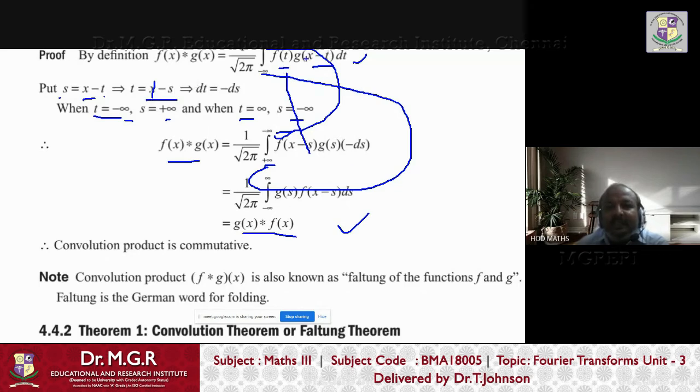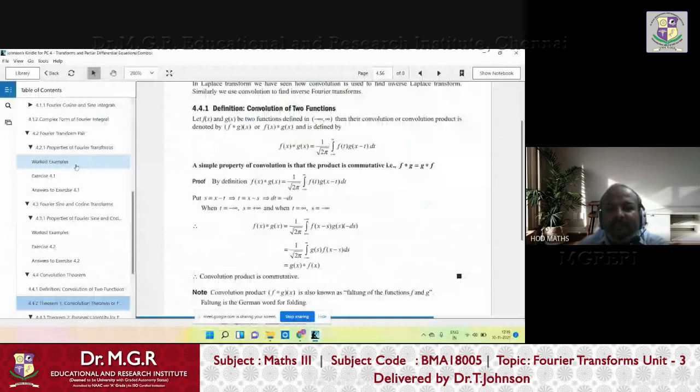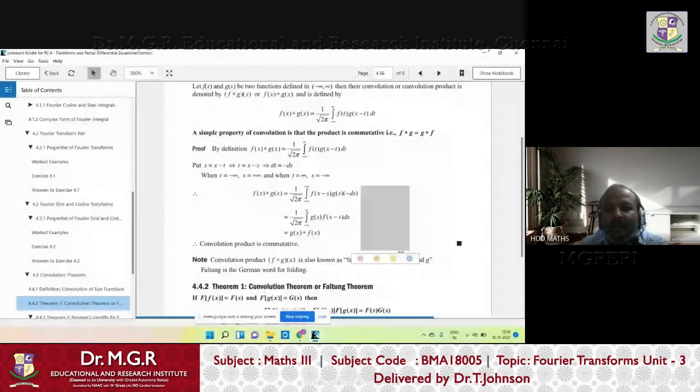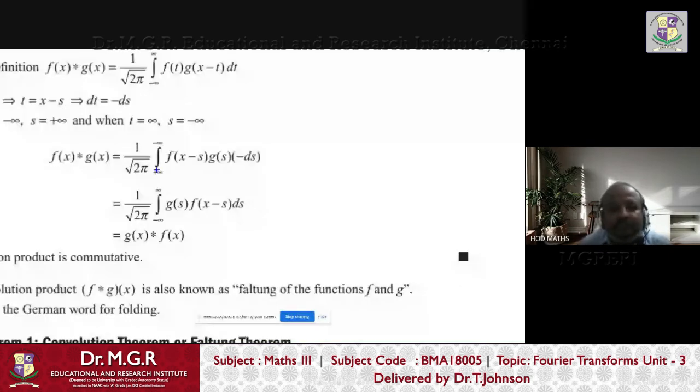In place of x minus t, you can substitute s, and in place of dt, you have to substitute minus ds. Right?